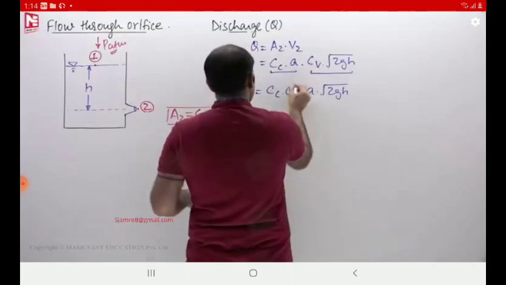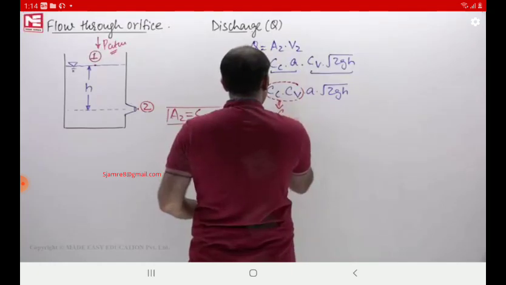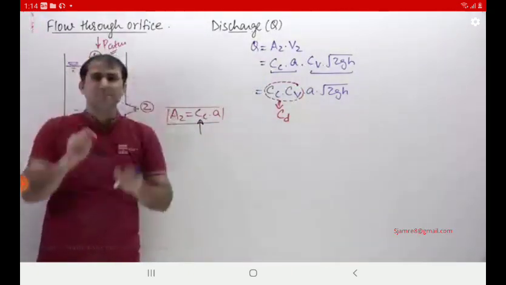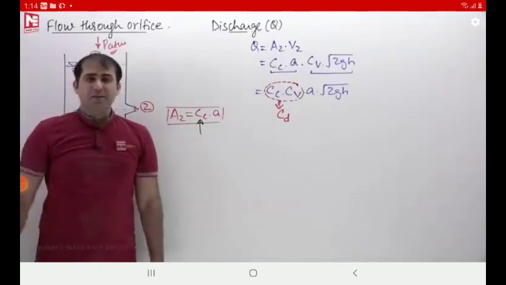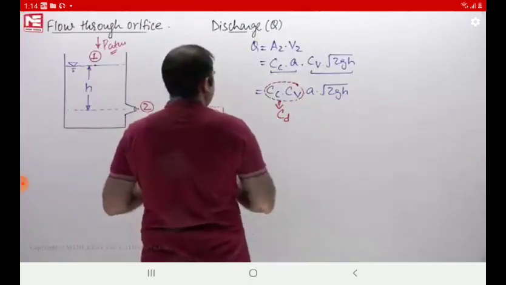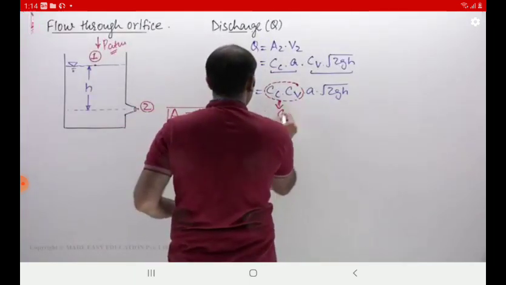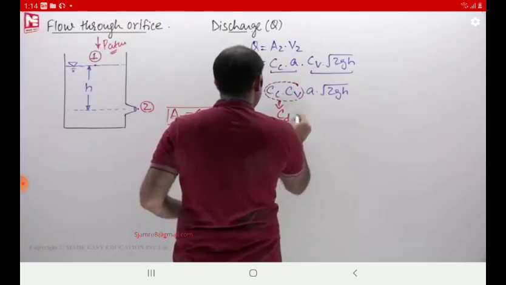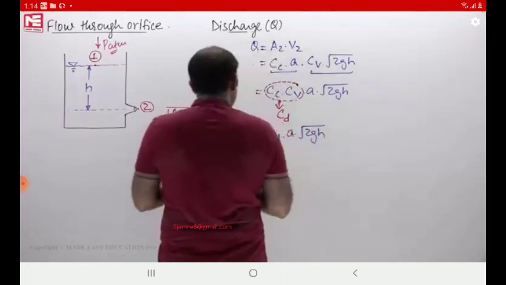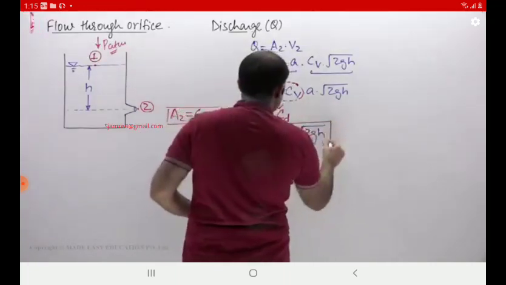And if you look at this, basically this is what you can call CD. So my point of discussion here is that Q is equal to CD multiplied by A multiplied by root of 2GH. And I am going to put this in a block.